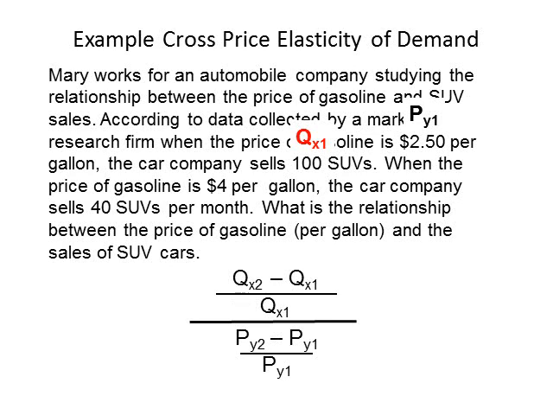The initial value of SUVs is found in the same sentence as the initial price of the gasoline. In this example, good X is the SUVs. The number of SUVs associated with the price of $2.50 per gallon is 100 SUVs. Since 100 SUVs is associated with $2.50 per gallon of gas, we should label this QX1.